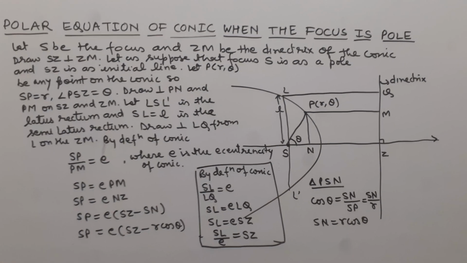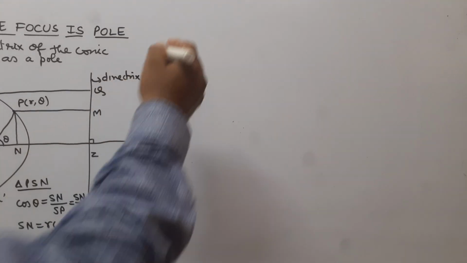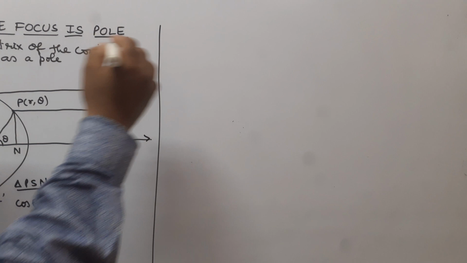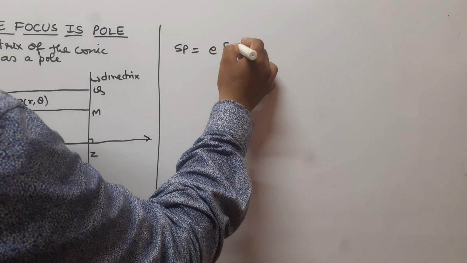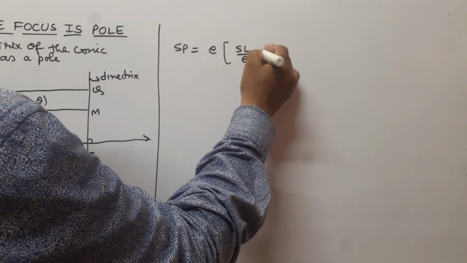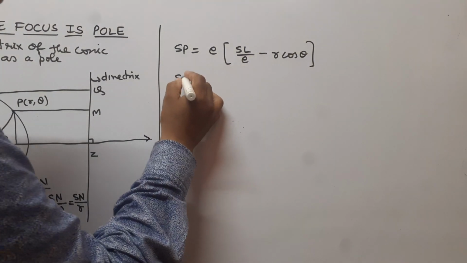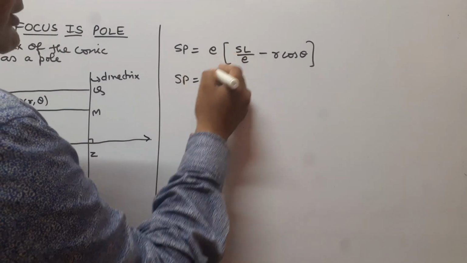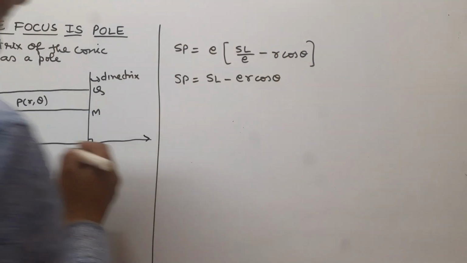Now in place of SZ we write SL upon e. So SP is equal to e times (SL upon e minus r cos theta). Now we open the bracket, this e is cancelled out, giving SL minus e r cos theta.